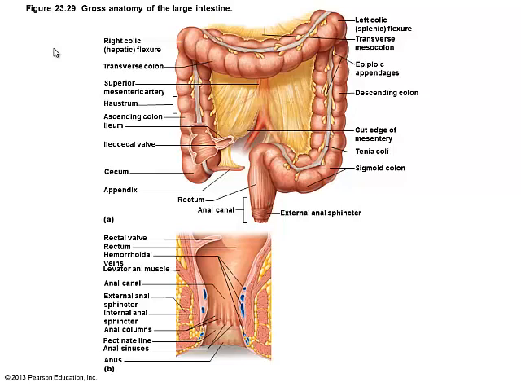Who controls stuff coming from the small intestine to the large intestine? Another sphincter muscle. The ileocecal sphincter, or valve.